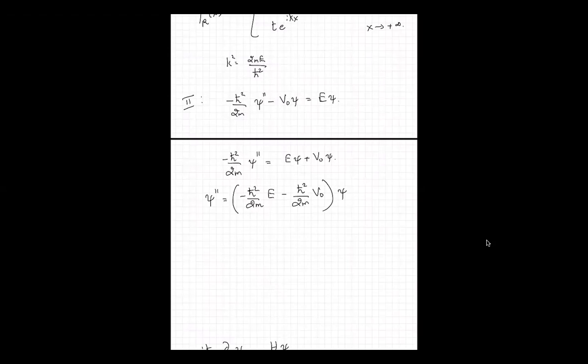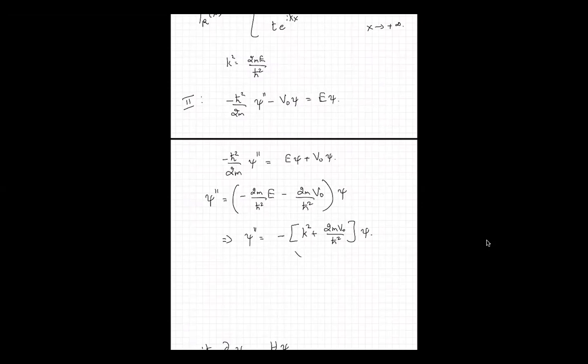Okay, so I can write this as psi double prime equals minus k squared plus V0 times 2m over h bar squared. Sorry, it's 2m over h bar squared, so this term was incorrect. It will be 2m V0 over h bar squared.